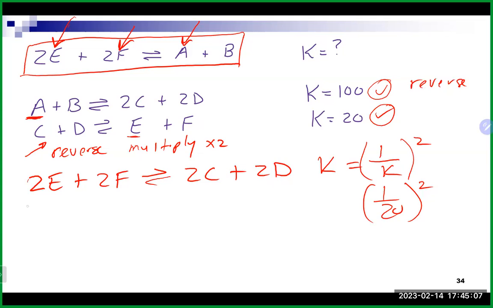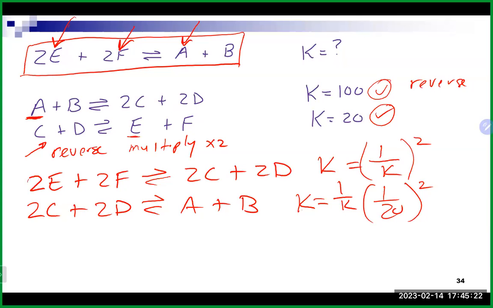So I'm going to reverse it, which gives me 2C plus 2D goes to A plus B. Because I reversed that, the K value for this reaction will be 1 over K, and I'll just go underneath it here. That would basically be 1 over 100 in this case. Any questions on that?